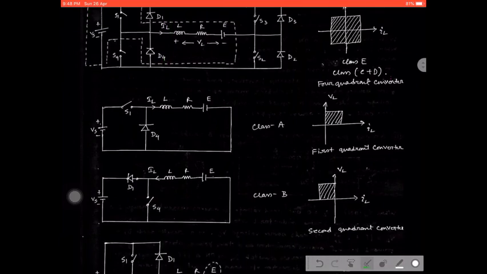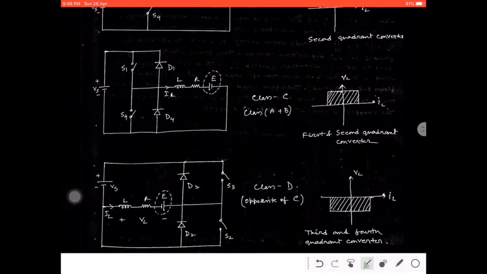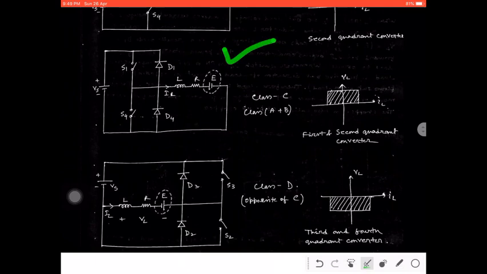The first part is this one. That means this part, which is the summation of class A and B, will give you the class C chopper, right? Okay, fine.